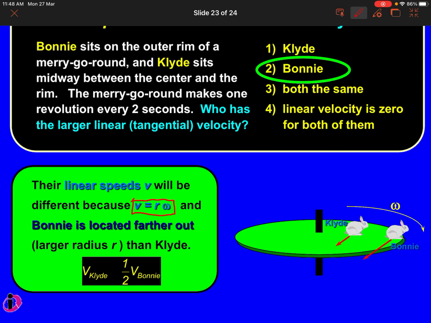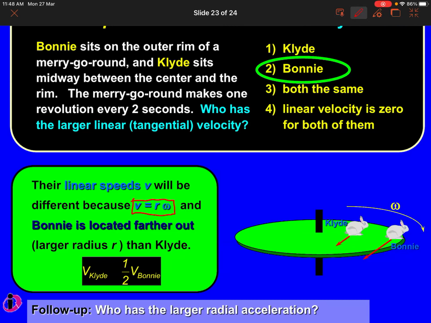Yeah. Okay, so follow up, who has the larger radial acceleration? Radial acceleration is the one that's related to radius times the angular acceleration.